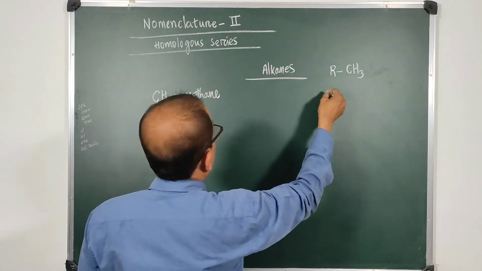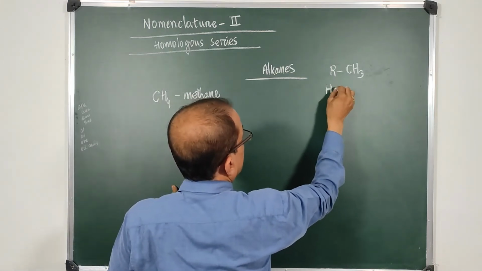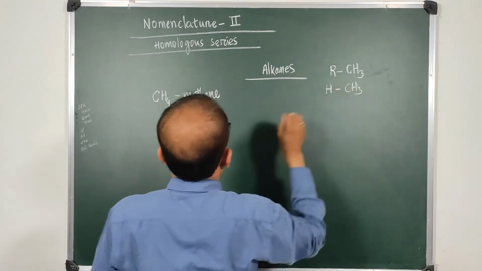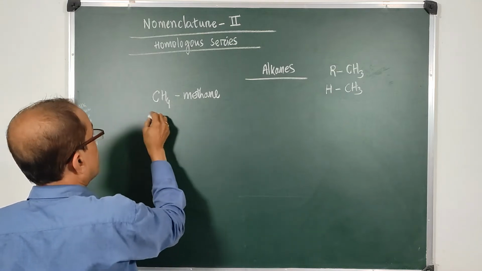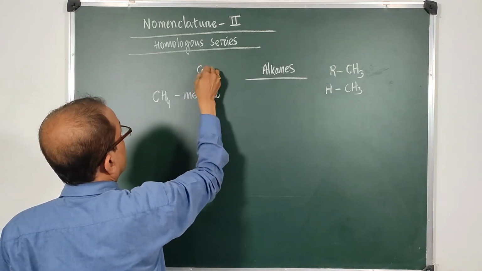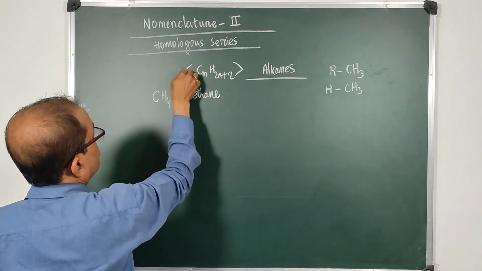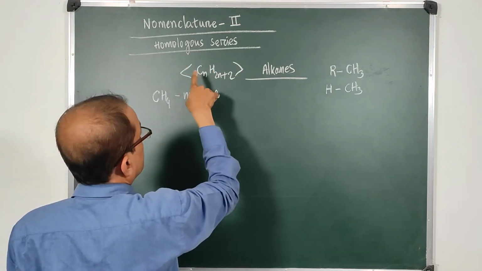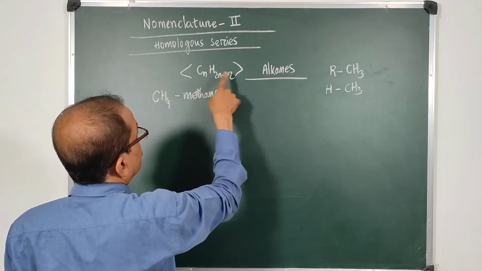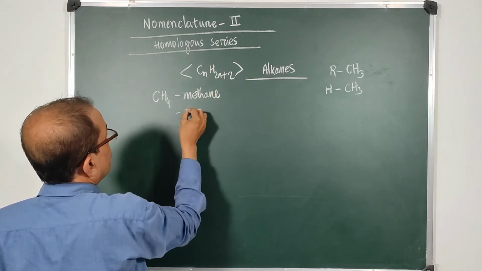And this can also be written as HCH3. And every next one, since the general formula is CnH2n+2, so put n equal to 1, you will have C1 H(2 into 1 plus 2), H4. The next one will be ethane.